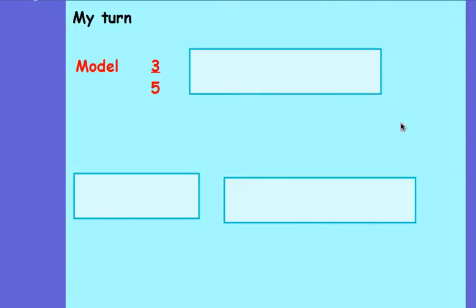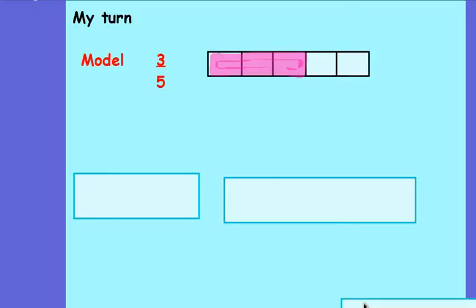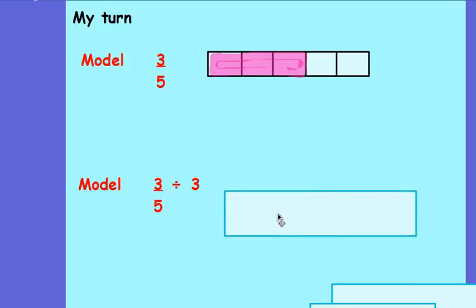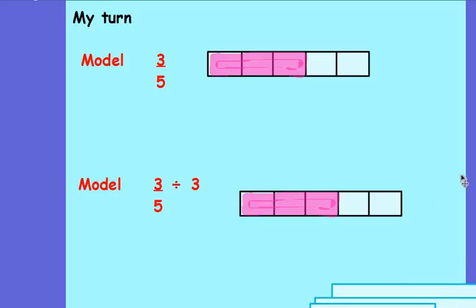Okay, Year 7, I'm going to model what 3/5 would look like. Here's 3/5. I've taken a bar, I've split it into 5 equal parts, and to model 3/5, I've coloured in 3 of them. I'm now going to model 3/5 divided by 3. Here's my 3/5.